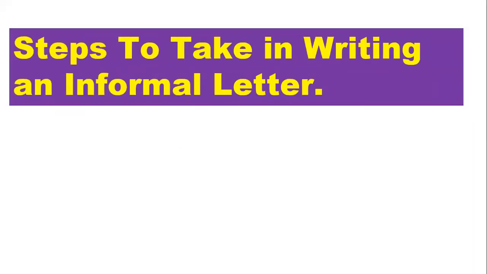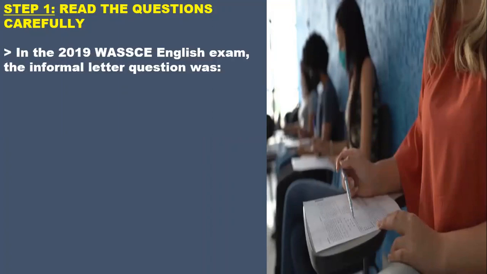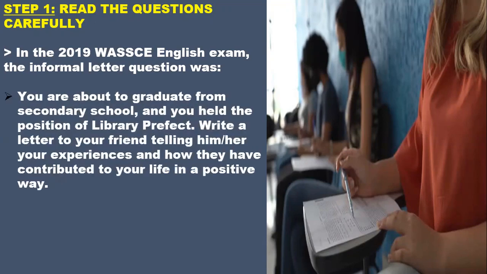Now, let's begin to look at the definite steps to take when writing an informal letter. Step 1, read the questions carefully. In the 2019 West African Senior School Certificate Examination English paper, the informal letter question was as follows. You are about to graduate from secondary school and you held the position of library prefect.